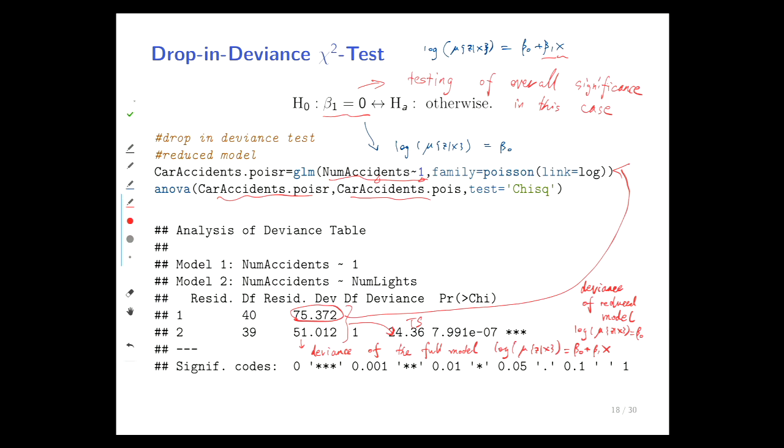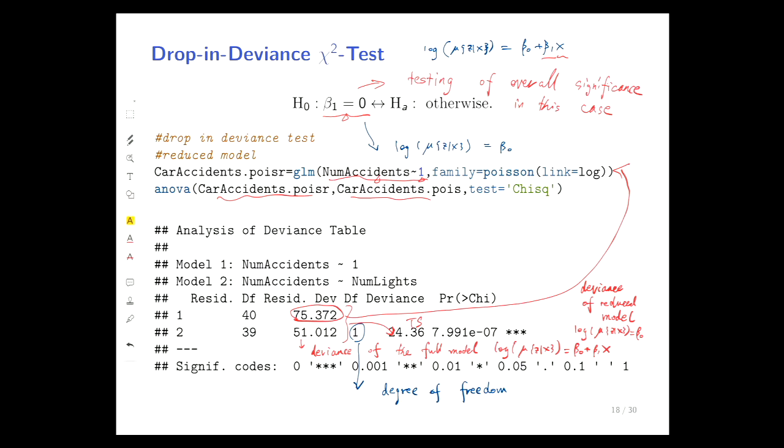And also because we only test one coefficient, this is the number of degrees of freedom. So this is how to perform this drop-in deviance chi-square test.